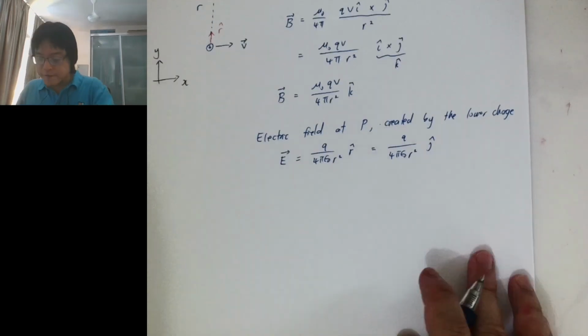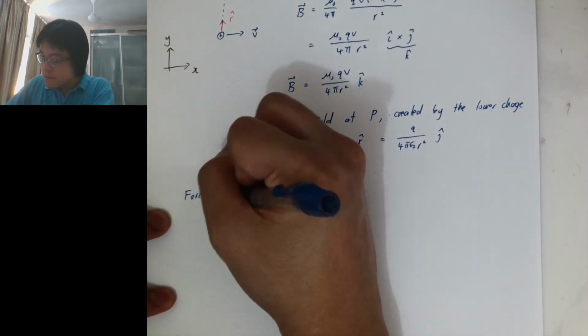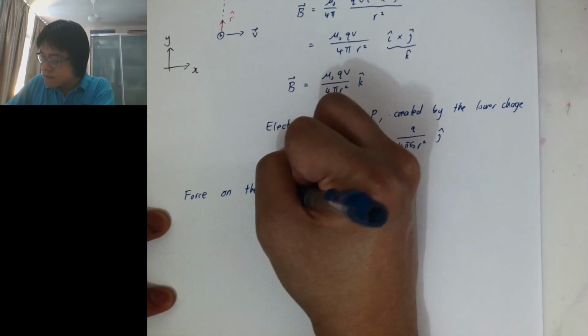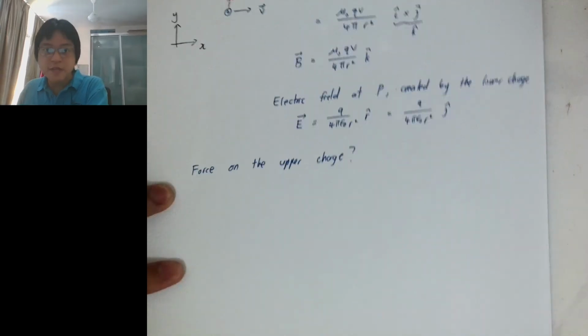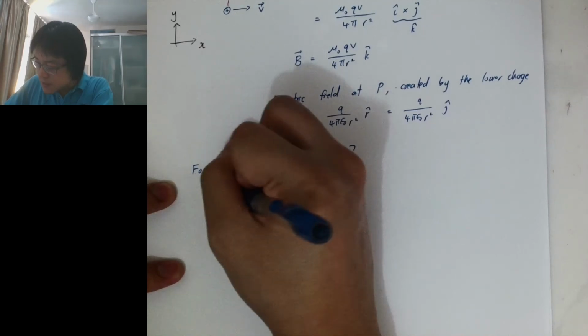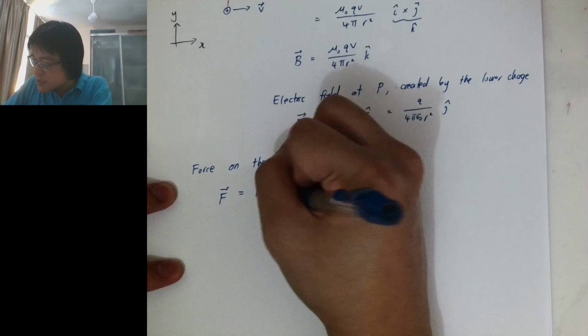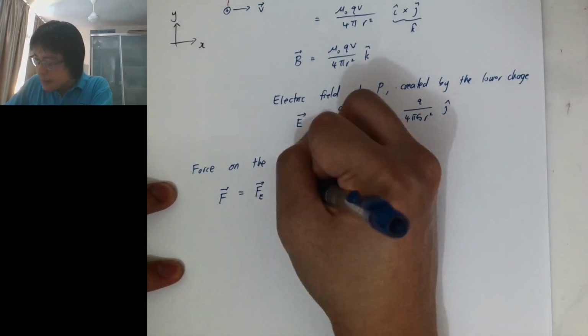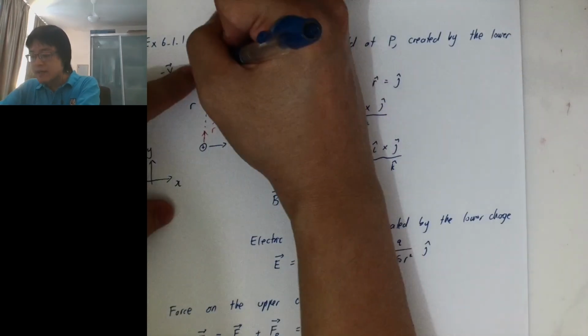So the force, what's the force on the upper charge? Well, let's calculate the net force, right? So firstly, it is obviously the force because of the electric field plus the force due to the magnetic field. So the electric field is just, the upper charge is also having the same charge q, right?